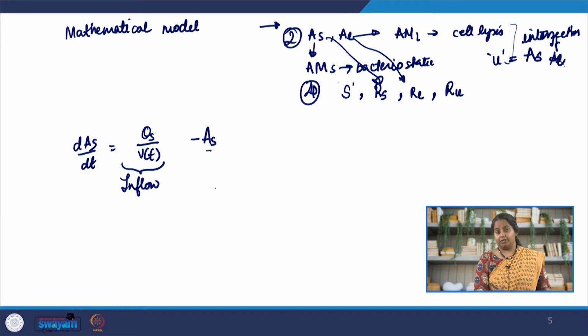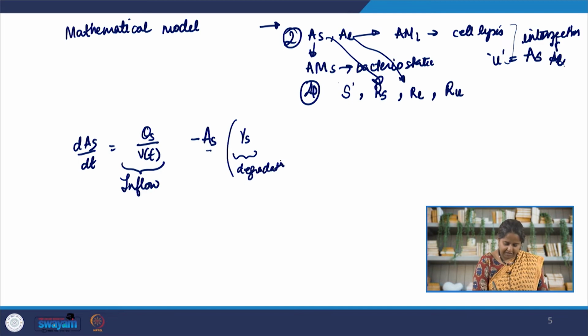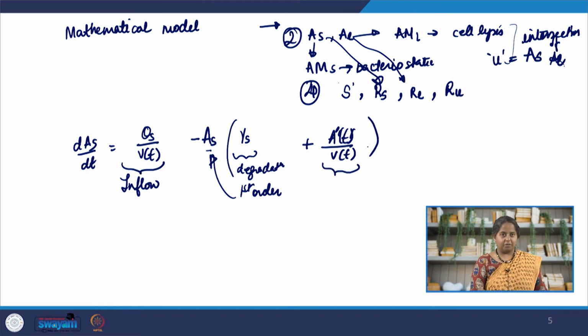So, we are talking about now first order kinetics, degradation of antibiotic. So, this is degradation. It is a first order degradation, notice, and that is why it is multiplied to AS plus change in the concentration of antimicrobial because of the change in the volume of the slurry tank.